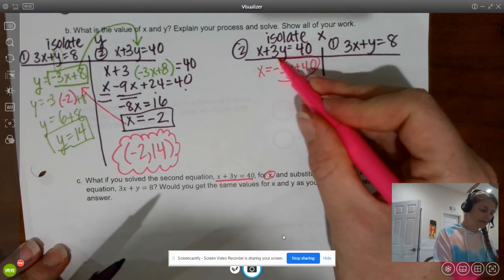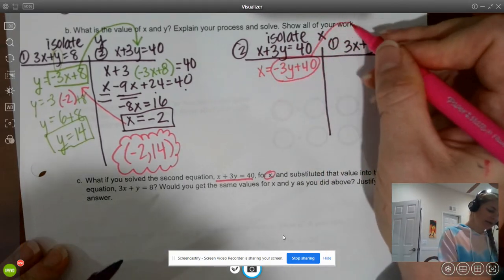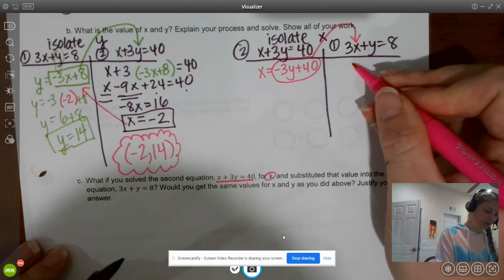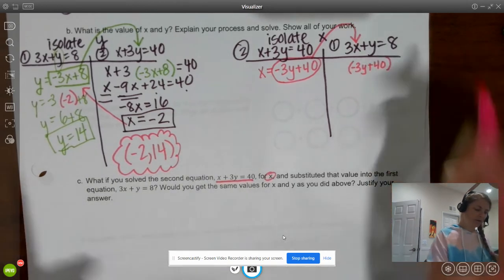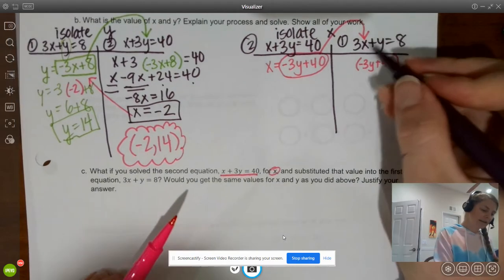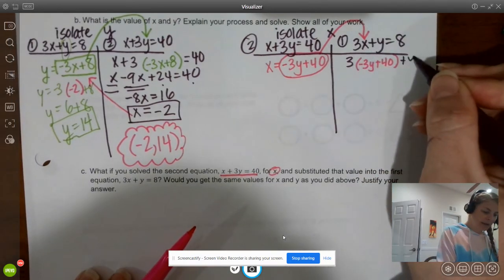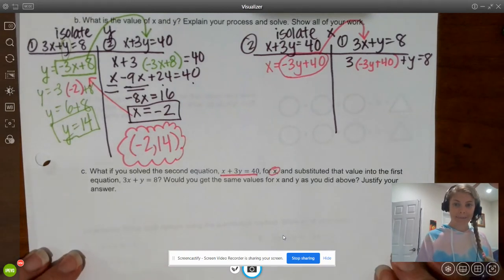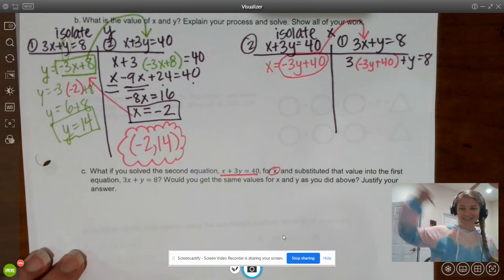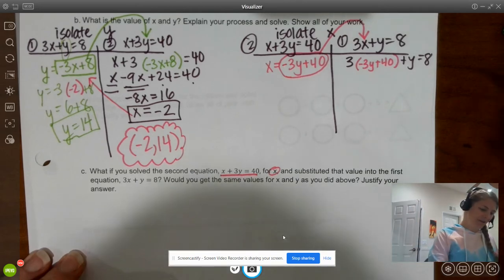Now, this is the value for x, so I'm going to substitute it in for x in the equation I have not used yet. And again, remember, it's really important to keep our work organized because we need to make sure to use both equations to solve the whole system. Yay, we have one equation with only one variable. We can solve this.